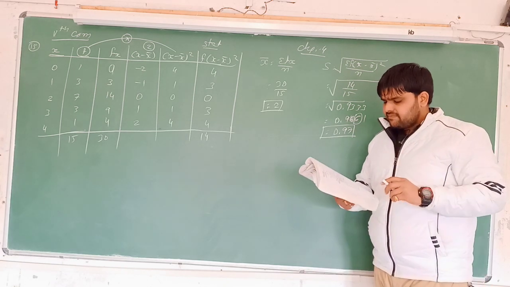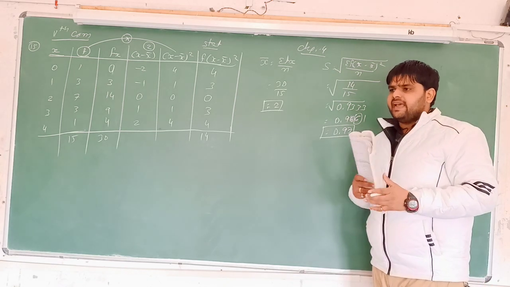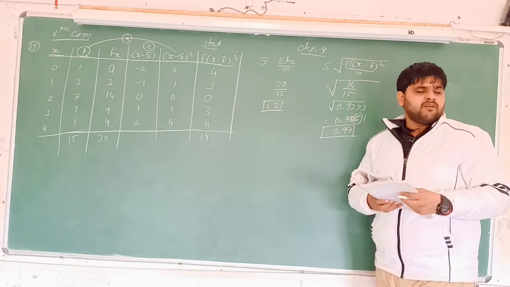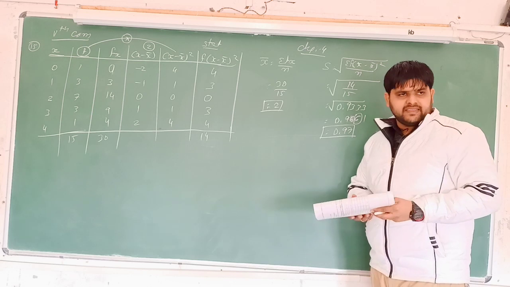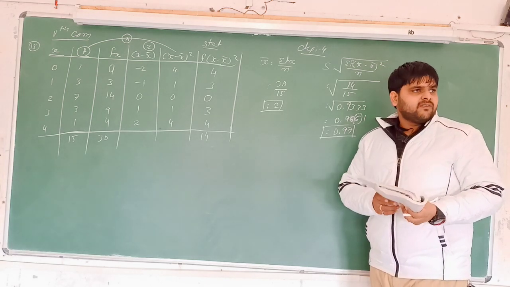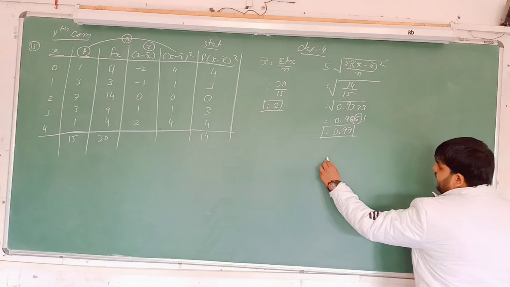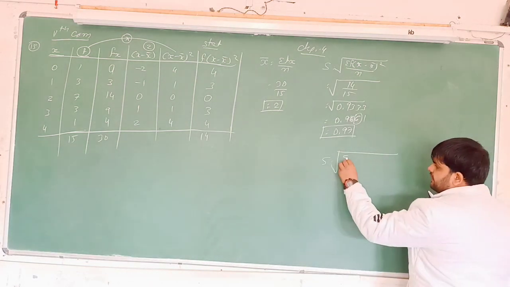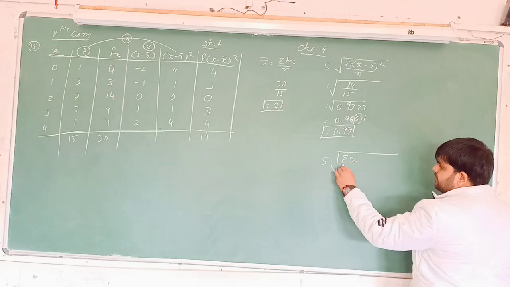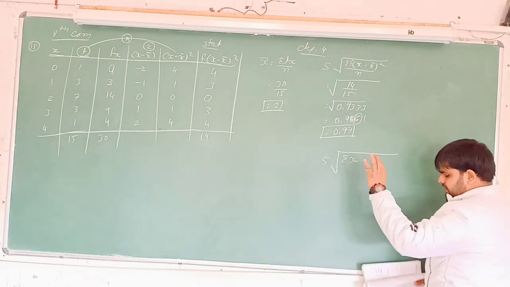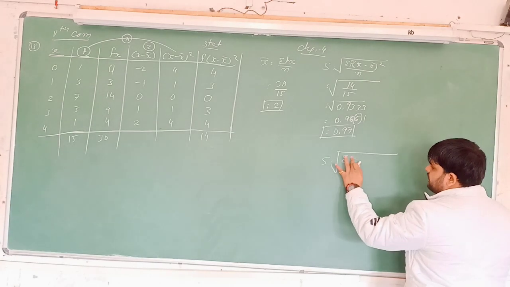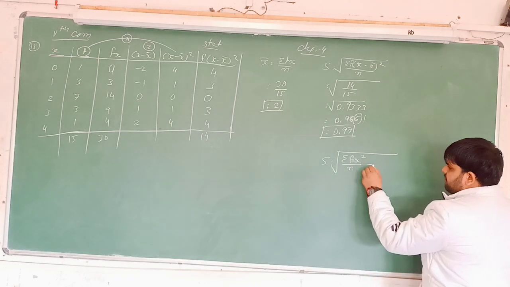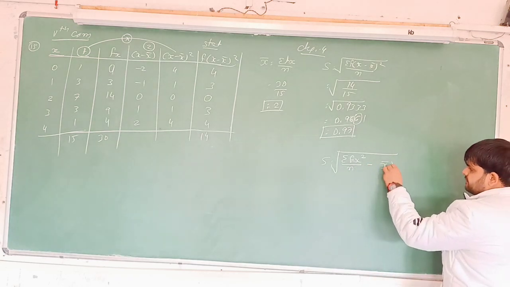Clear? Now the same thing we have to find out with the help of the shortcut method. Remember one thing: if the shortcut method is used, the formula is S equal to under root sigma fx square divided by n minus x bar square.